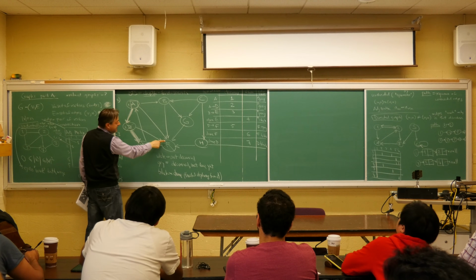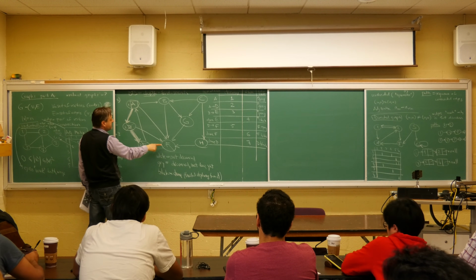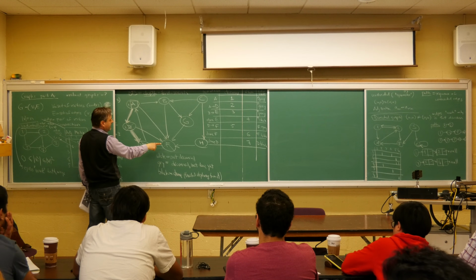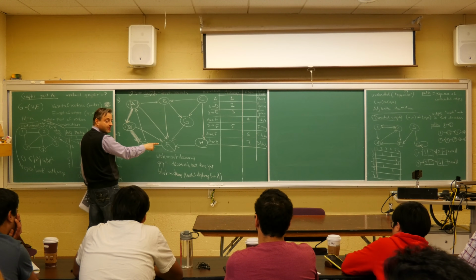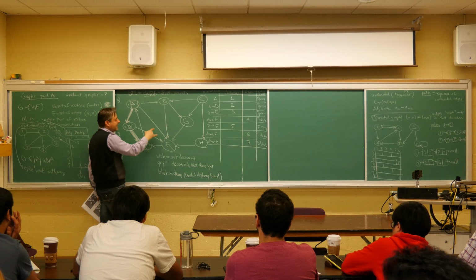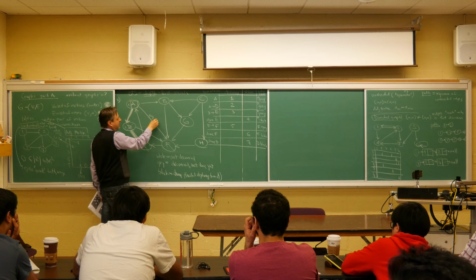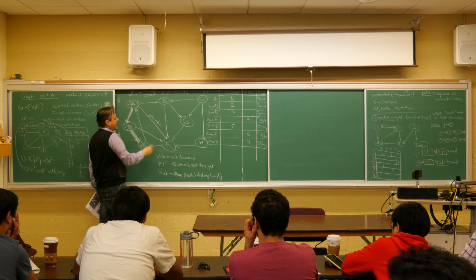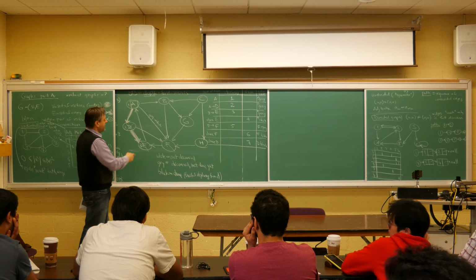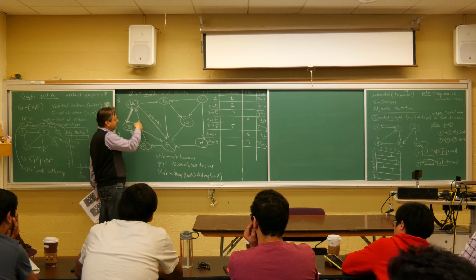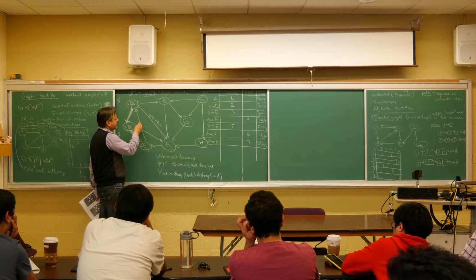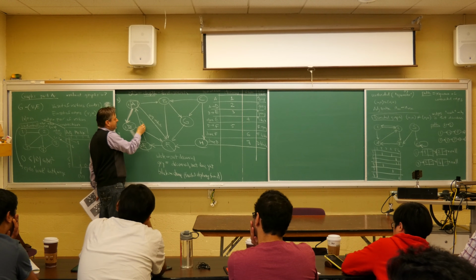I notice this edge. Did I look at this edge before? Is it a good edge? What kind of edge is this? This is now gray to black. As opposed to, remember when I was looking at this edge, what edge was this? This was gray to gray.